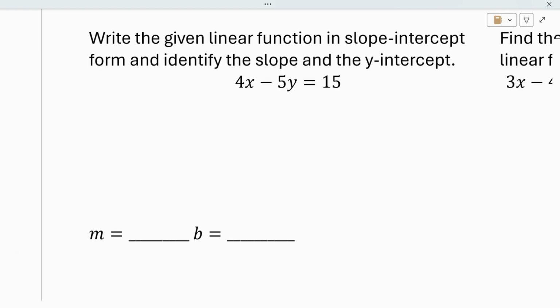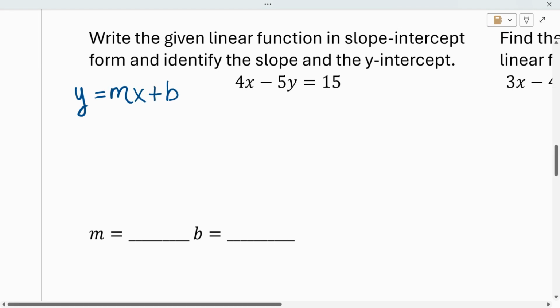Okay, so focus. Listen up. Tell me what does it mean when we're writing a function in slope-intercept form? We just wrote it. You guys did a whole doodle note about it. Good job. So we need to make this equation look like this.